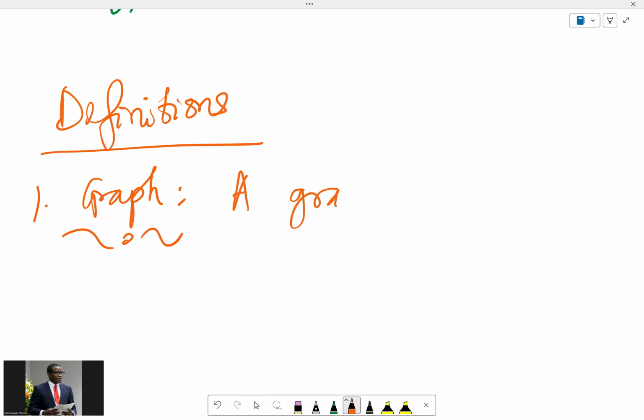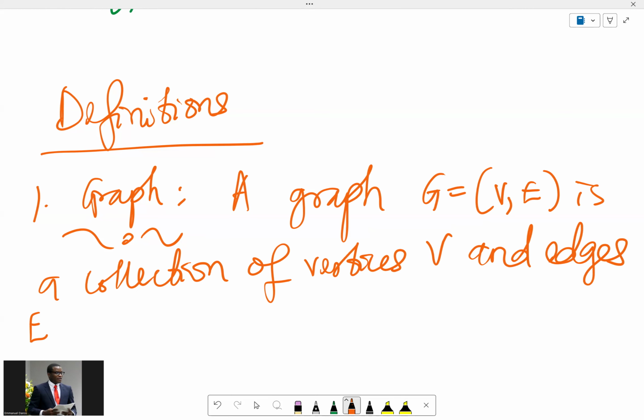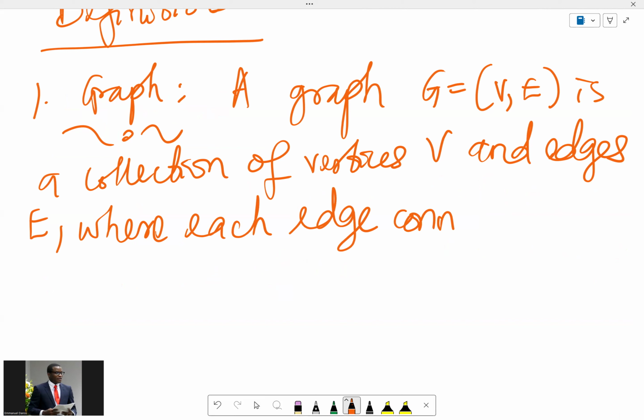We say that a graph G, which is equal to (V, E), is a collection of vertices V and edges E, where each edge connects two vertices. That is what a graph is.